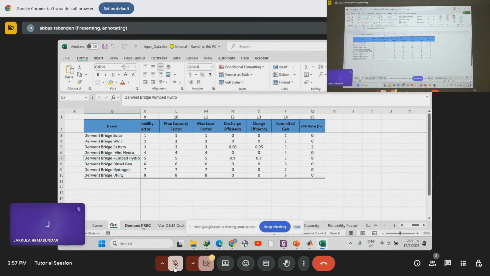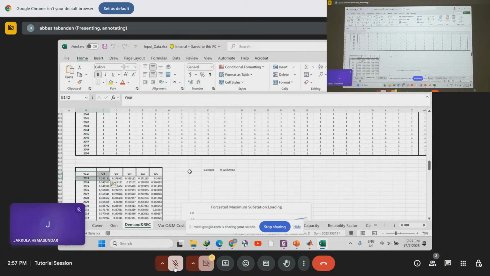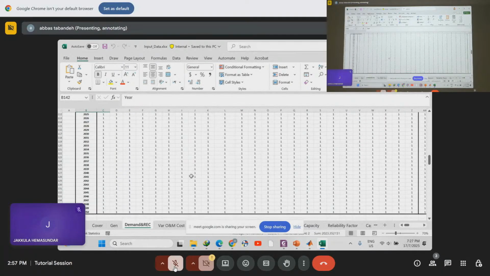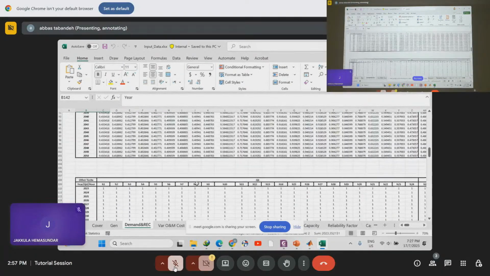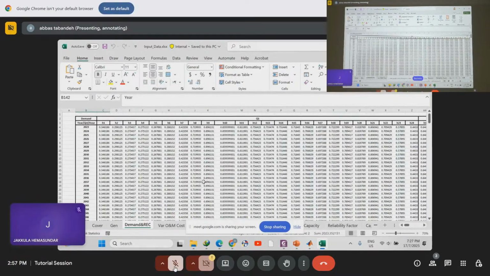And another important parameter is demand, the electricity demand that each load has in our microgrid, because we would like to plan and design the microgrid for the next 25 years.